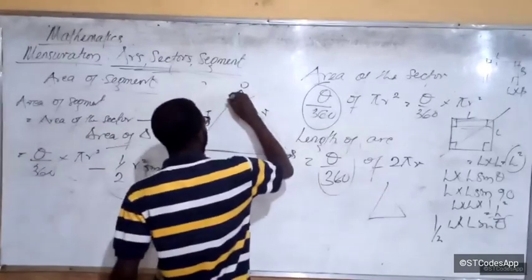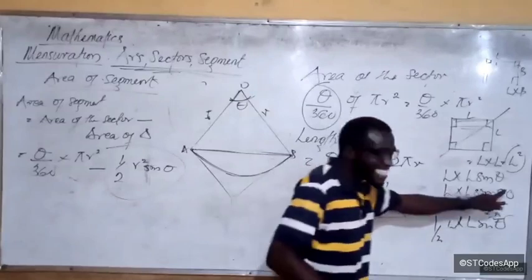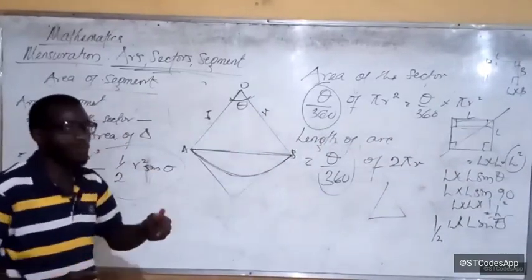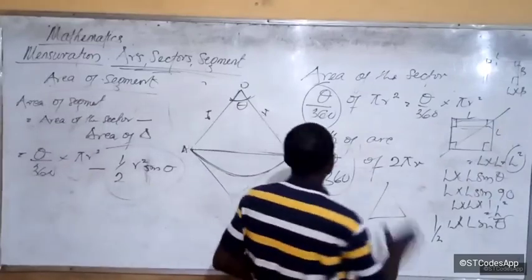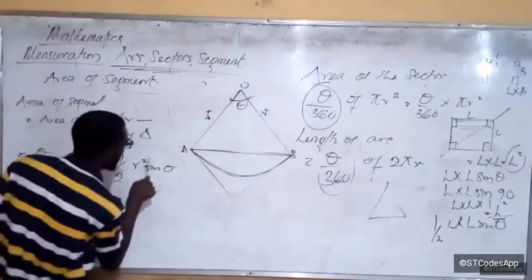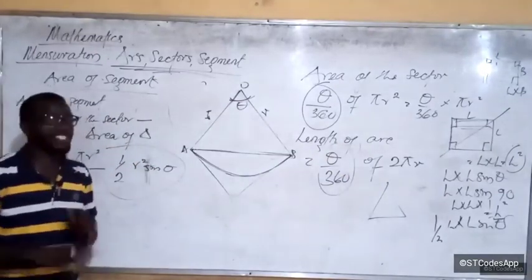Only that this has an angle here, and the angle is not 90 degrees because it's not a right angle. So the angle subtended here is not 90 degrees. That's why you are going to have a different answer here. This formula looks like it's different, but it's not so different.